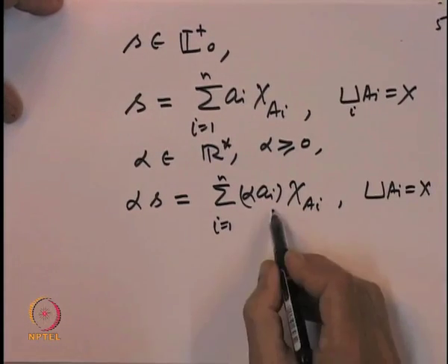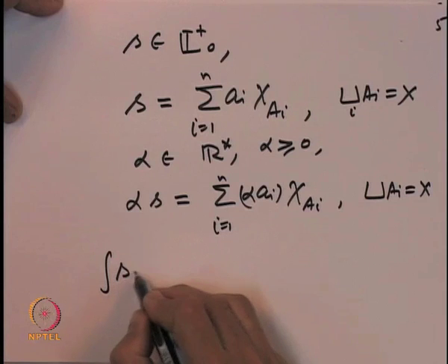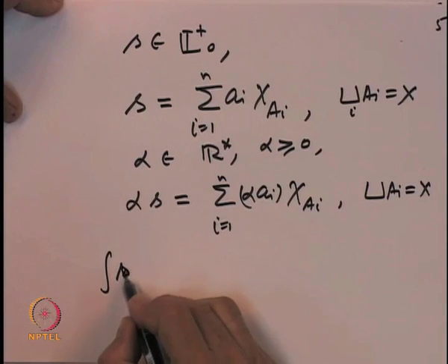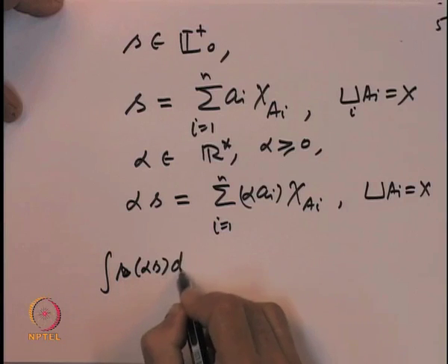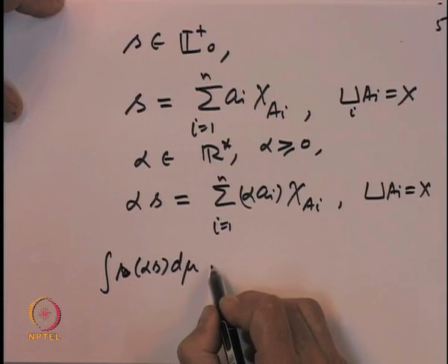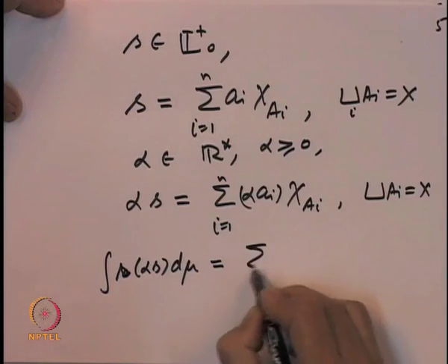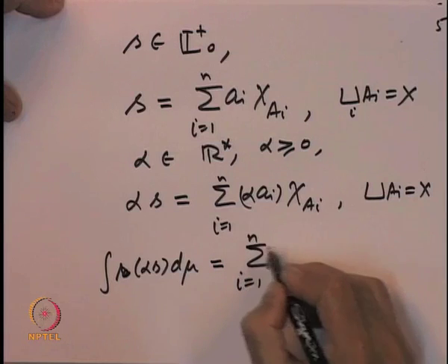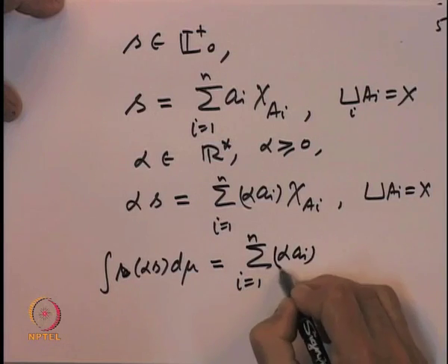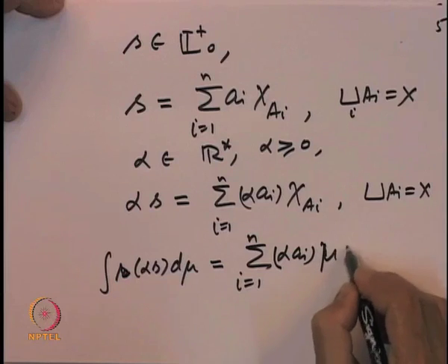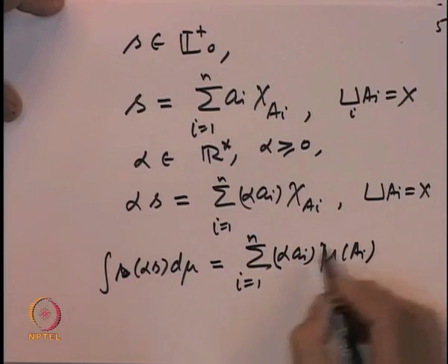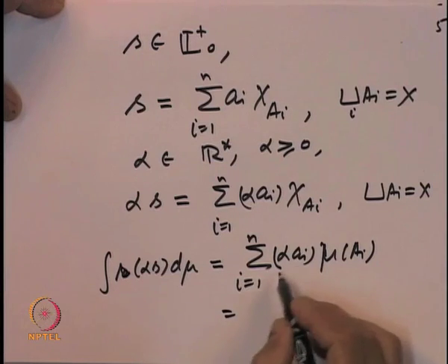But that means, if this is the representation, then the integral of alpha s with respect to mu is going to be equal to, by our definition, the sum from i equal to 1 to n of alpha a_i times mu of A_i, and this is a finite sum, non-negative everything.